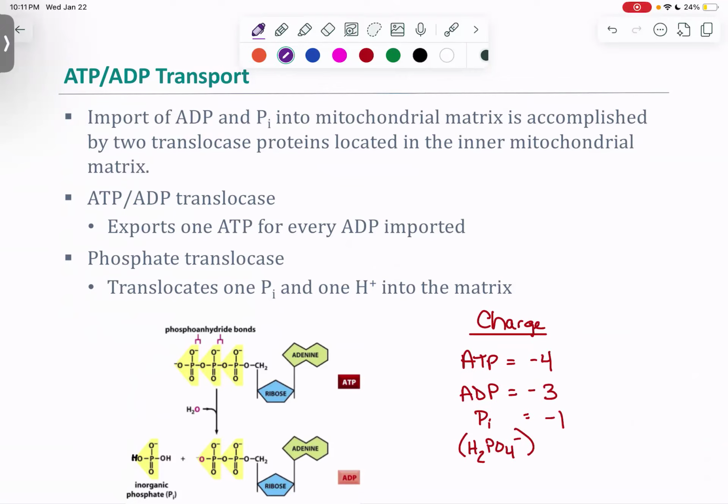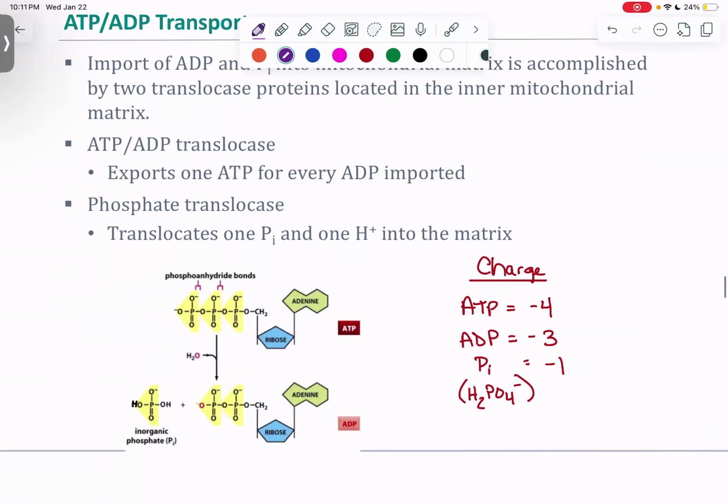So when we talk about this, right, we have to kind of understand the structure of ATP, ADP, and inorganic phosphate. We've kind of just said the names, right? But when we talk about ATP, how many negative charges do we have on ATP? Well, every one of those oxygens that does not have a hydrogen is going to have a -1. So we'll have a charge of -4 on an ATP molecule.